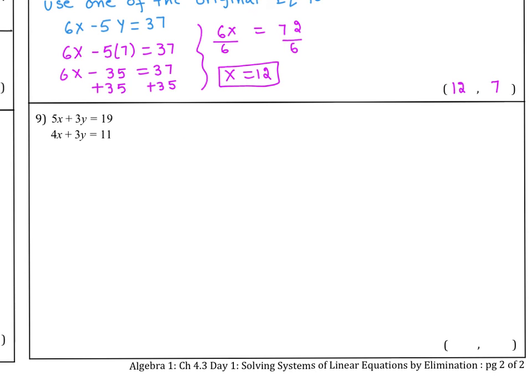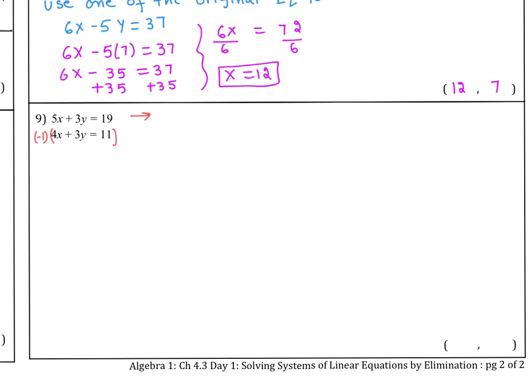Next question is number 9. In number 9, I can see that the 3y and 3y are the same in number, but they are not opposite. So we multiply one of the equations by negative 1 so that one of the 3y is negative.